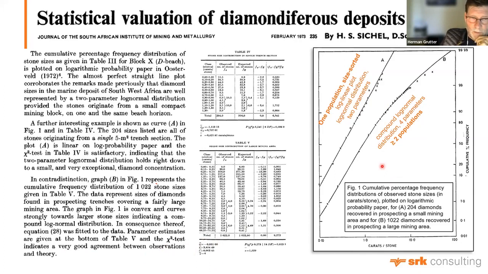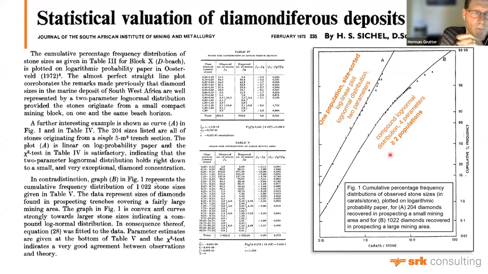Very few people that are currently working with diamond data sets are actually fitting their data with compound log normal distributions. You need compound log normal distributions if you have more than one population.